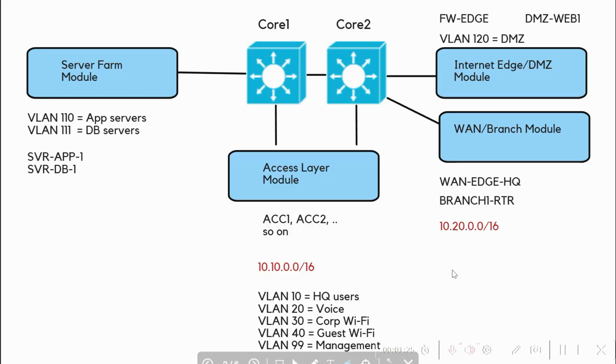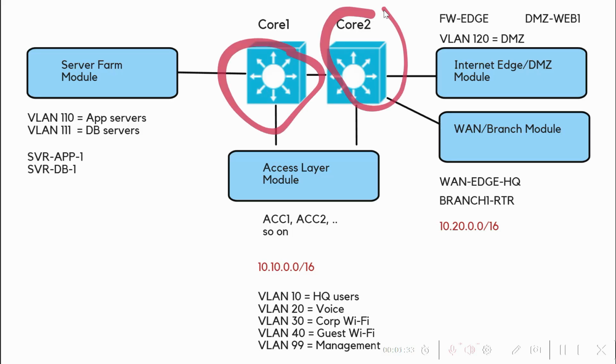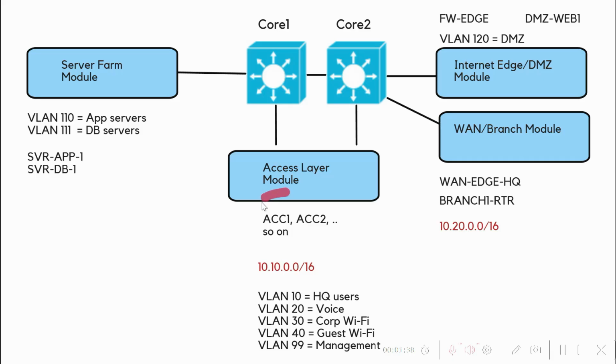At the center, we have our HQ campus, two core switches, Core 1 and Core 2, an access switch, ACC1, user VLANs, management VLANs, and voice and Wi-Fi VLANs here. Hanging off that, we have a server farm, application servers, database servers, and we will use ACLs to control who can talk to what.